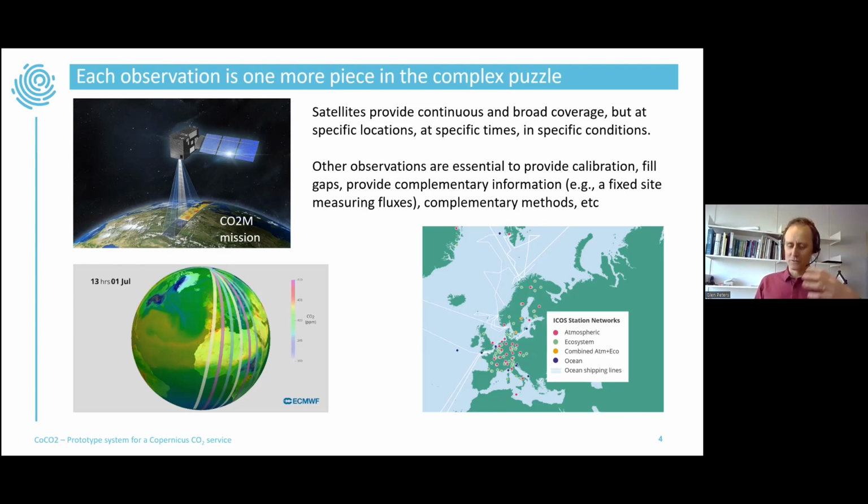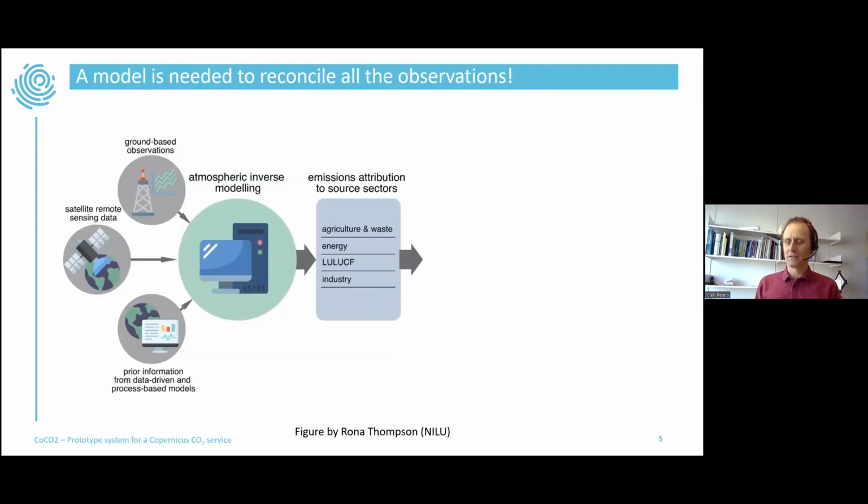One important thing is you have all these observations which are coming in, and you need to somehow assimilate those observations, and you need a model to interpret all this and estimate the emissions, considering the weather patterns, the airflows and so on. So this is a figure by a colleague which gives a bit of an idea of what's happening there. Maybe I can try highlighting. We've got certain types of observations on the ground, let's say space-based observations.